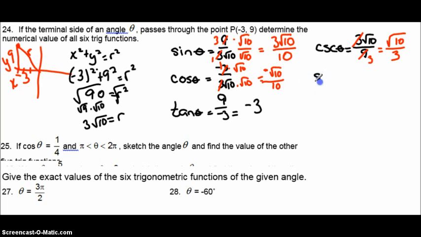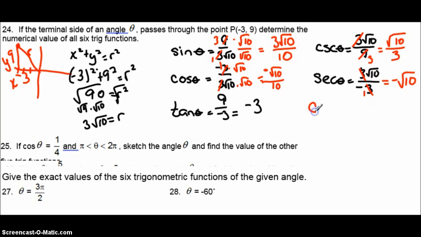Okay. Secant theta. It's the reciprocal of cosine, and that's going to be 3 square root of 10 over negative 3. And then we see that 3 and negative 3 are divisible, so we get negative square root of 10.